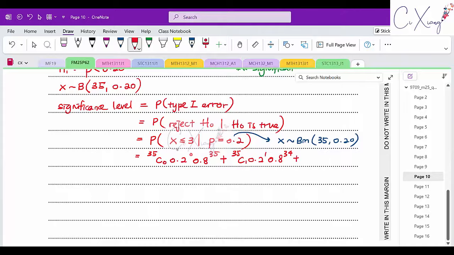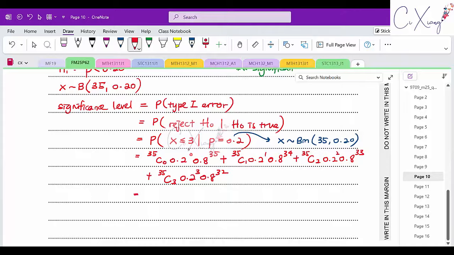Then x equals 2: 35C2, 0.2 squared, and 0.8 power 33. The next one will be 35C3, because they are saying x is smaller than or equal to 3. So you have to include x equals 0, 1, 2, and also 3. I think this is the last term we have to calculate.